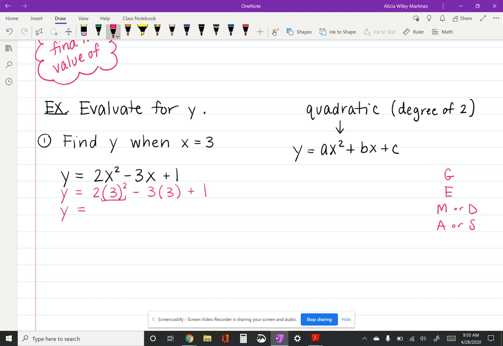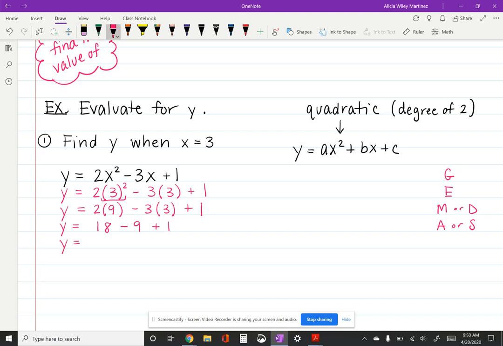Do not multiply first because that would not be following this order. 3 to the second power is 9. So now I have 2 times 9 instead of 2 times 3 to the second power. I don't have any division, but I do have multiplication. So going left to right, I'm going to multiply 2 times 9, multiply negative 3 times 3, and just bring down the plus 1.